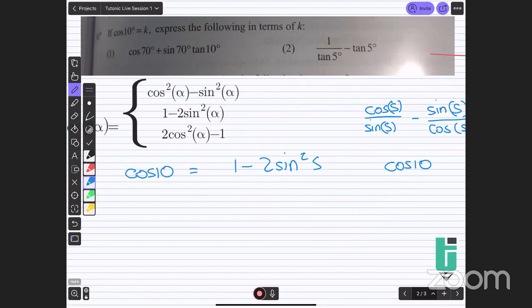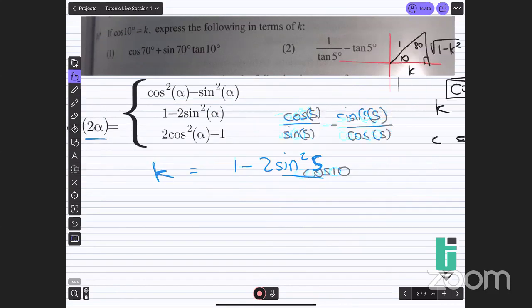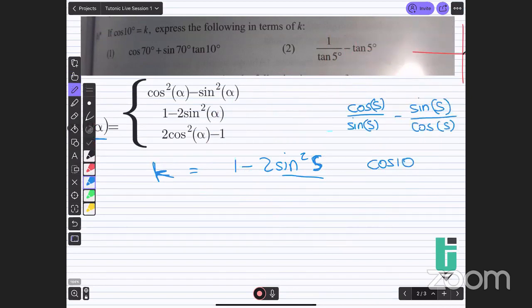Do you guys agree? Yes. Because this is equal to k, that means I can solve for sine 5 and cos 5. And because I have sine 5 and cos 5, I can then find this. Do you guys see that? Yes.